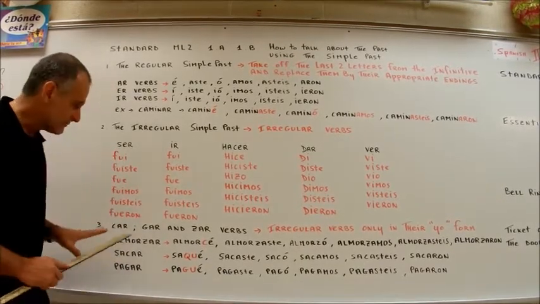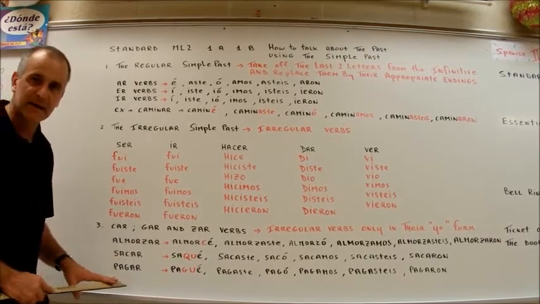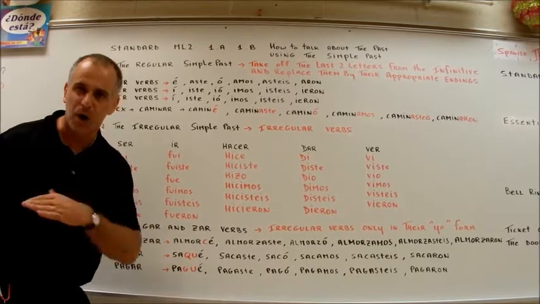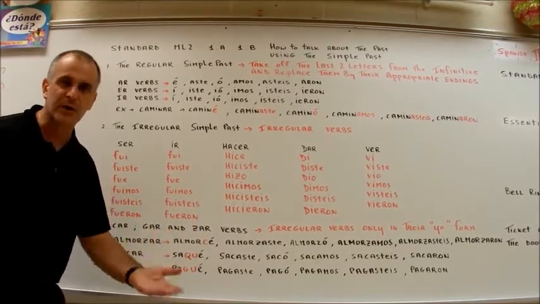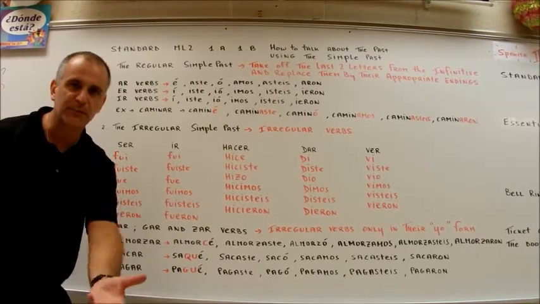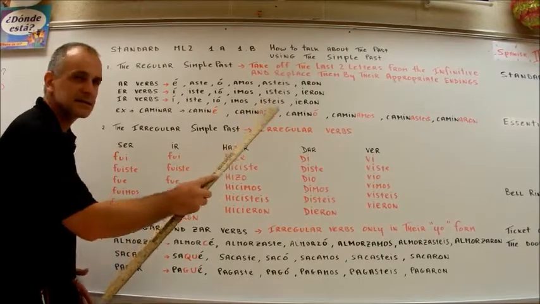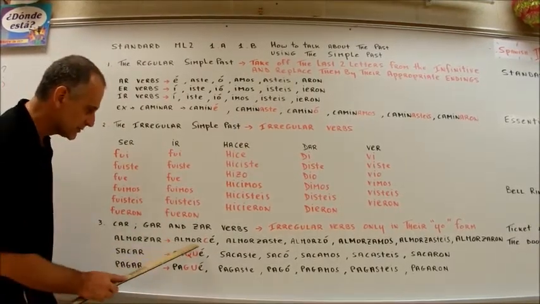In fact, every single one of those verbs, almorzar, sacar, and pagar, are going to have an irregular form in the yo form, in the I form only. And every other person, as you conjugate them, will be a regular stem. Of course, you will apply your regular simple past endings.